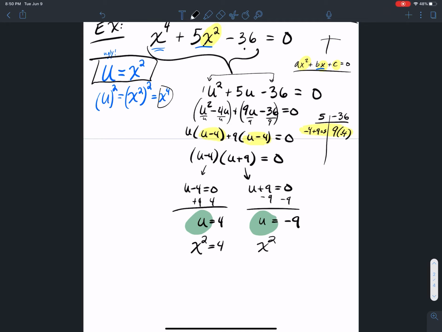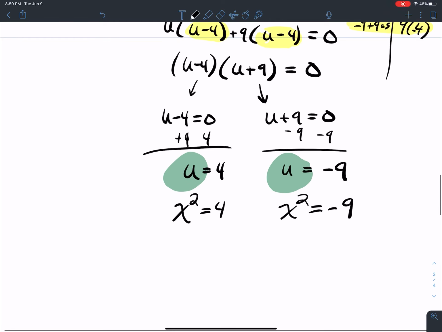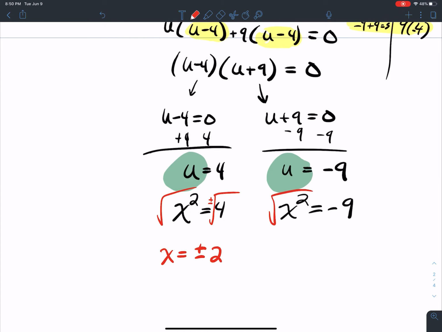And now I need to solve this equation for both of those. To do that, I take the square root of x squared and the square root of 4, and I get the plus or minus. Square root of 4 is 2. So x is equal to plus or minus 2 here. If I take the square root here, as soon as I see a negative in the square root, I automatically think i. So this is plus or minus i, square root of 9.